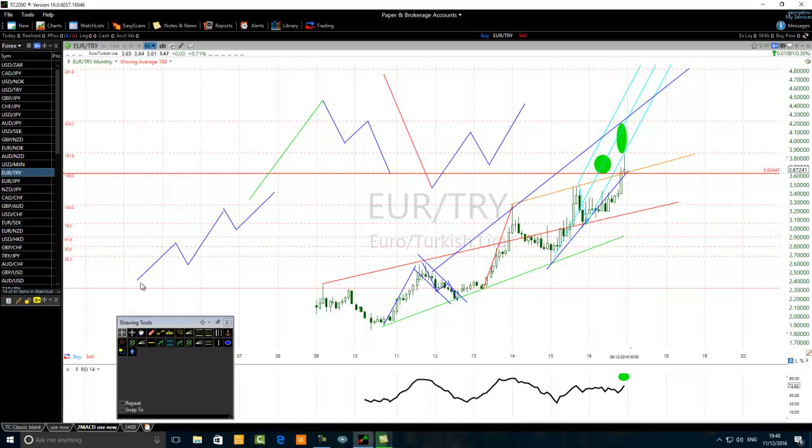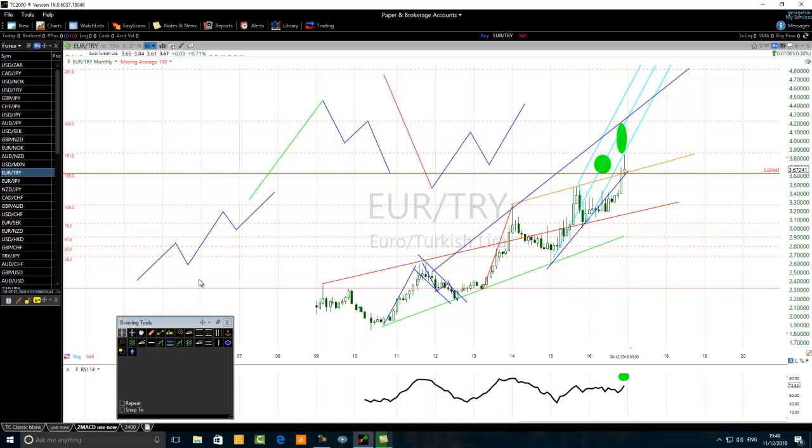Impulse wave will be subdivided into 5. Generally speaking, an impulse wave will come in the shape of 5: 1, 2, 3, 4, 5. But not every 1, 2, 3, 4, 5 is an impulse wave, because if they violate the Elliott Wave rules, they are not impulse waves. According to the Elliott Wave principle, the fourth wave should not overlap the first wave, and the third wave should not be the shortest.